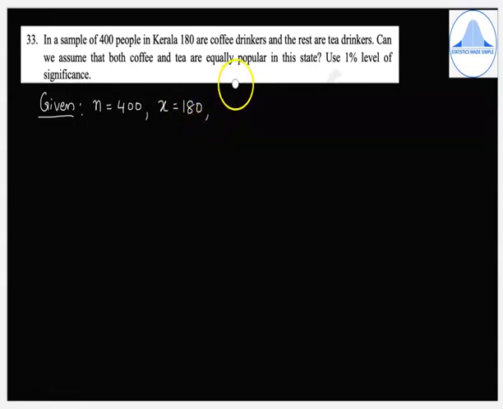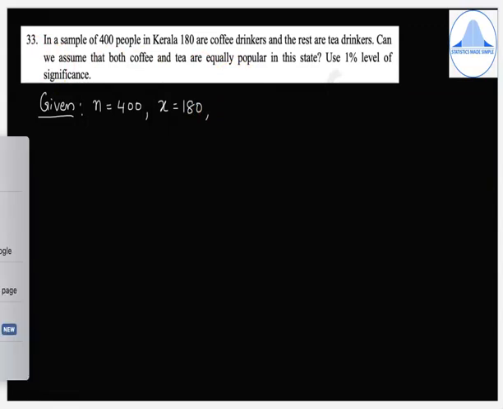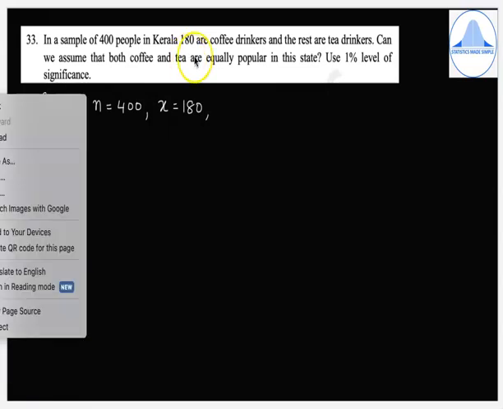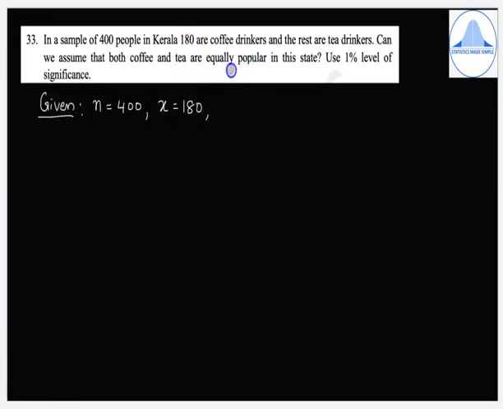Now they have mentioned that tea and coffee are equally popular. So when they say that tea and coffee are equally popular, what it means is that P naught is equal to 0.5.